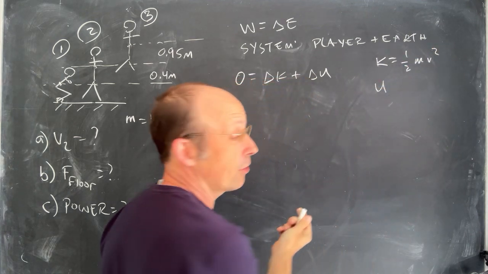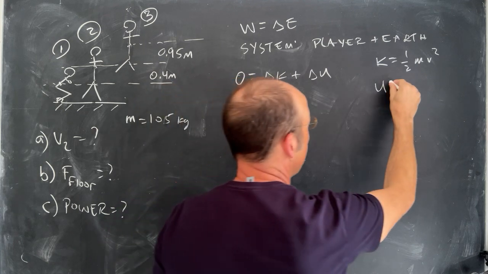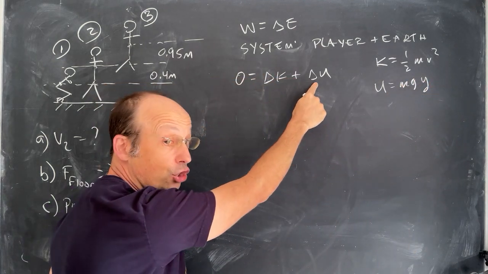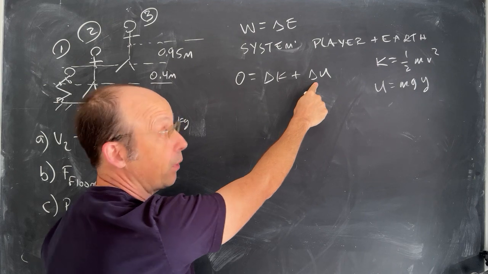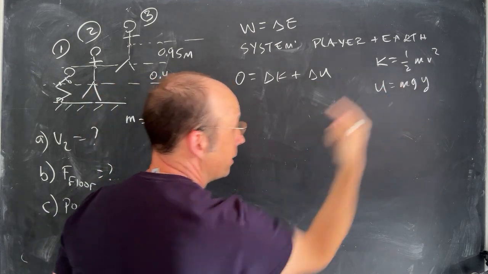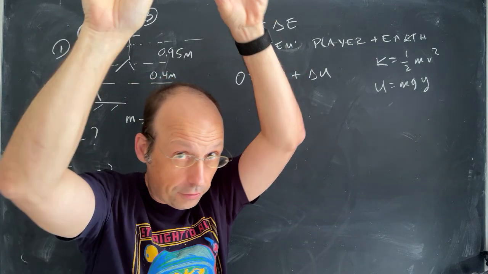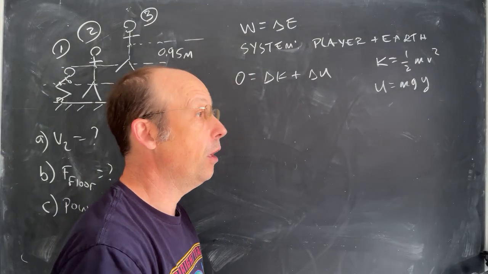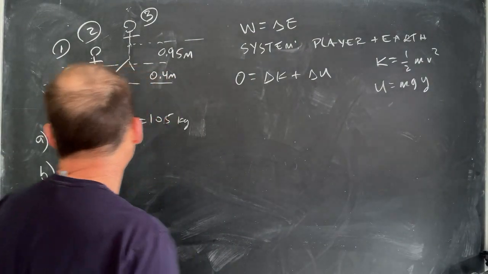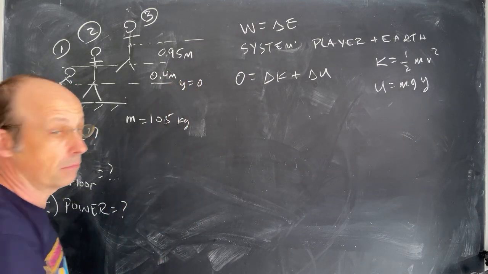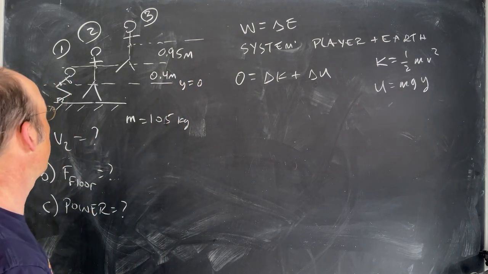Gravitational potential energy, I'm just going to call it U because there's no other potentials, is mgy. That's a change in gravitational potential that we care about, and that's just a y. So we have to pick where y is equal to 0. It doesn't matter where y is equal to 0, but you have to pick and stick with it. So I'm just going to pick y is 0 right here. I don't know. I just picked it. Okay.